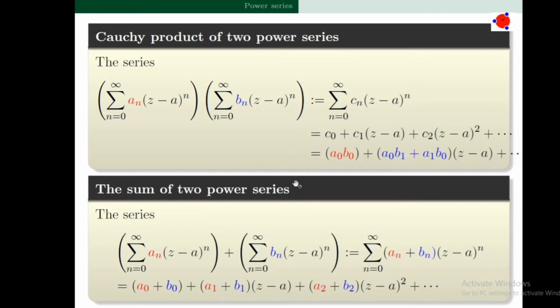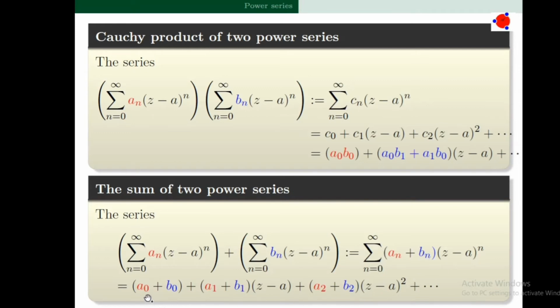Similarly, we can define the sum of two power series. Given two power series sigma n equals 0 to infinity an (z minus a)^n and sigma n equals 0 to infinity bn (z minus a)^n, the sum of these two power series is defined as the power series sigma n equals 0 to infinity (an plus bn) into (z minus a)^n.